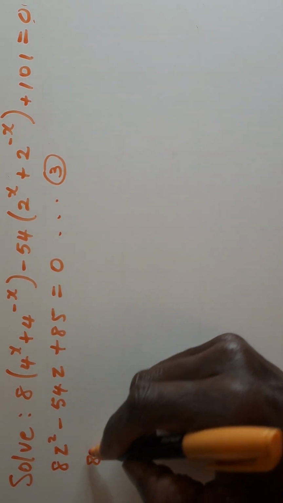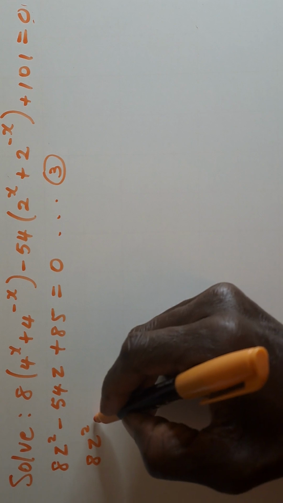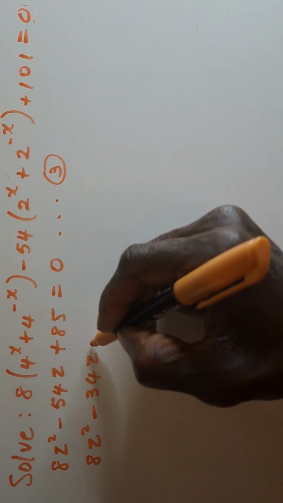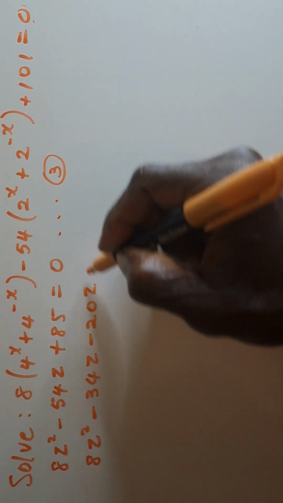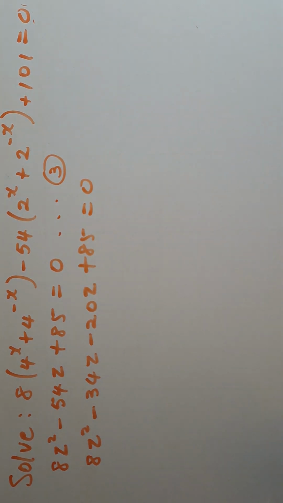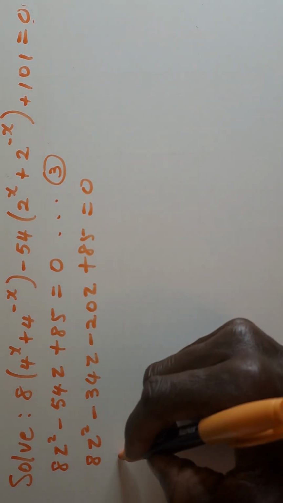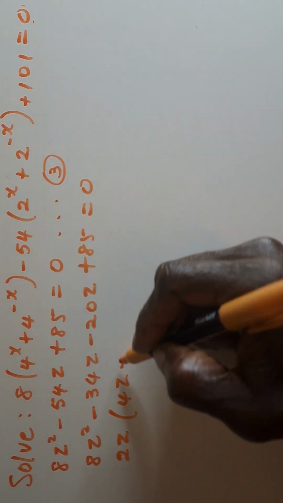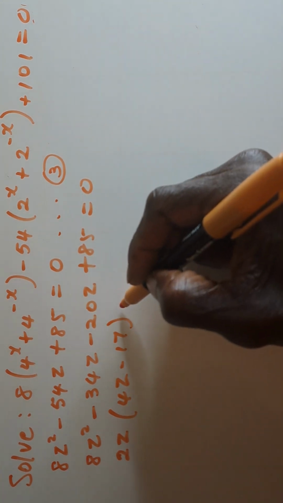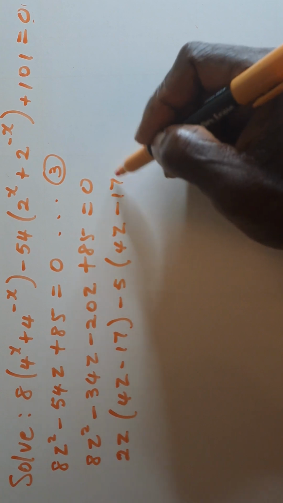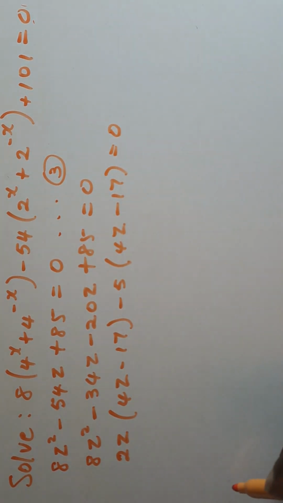So we can rewrite this 8Z squared minus 34Z minus 20Z add 85 is equal to 0. And further to this, we can factorize it as 2Z into 4Z minus 17 minus 5 into 4Z minus 17 equals 0.